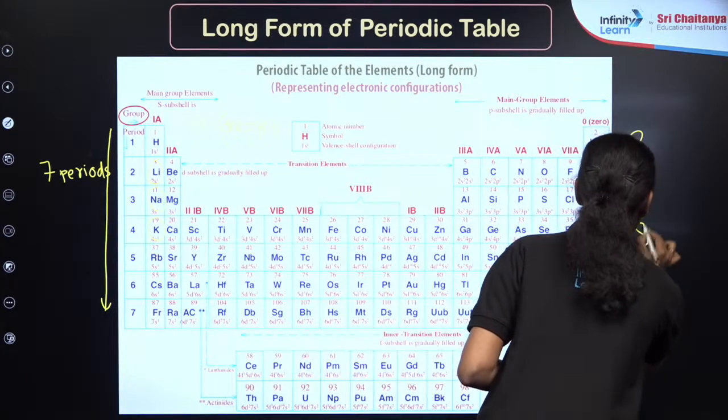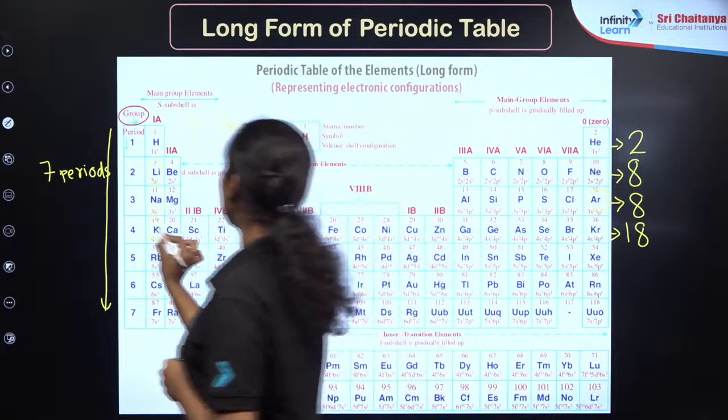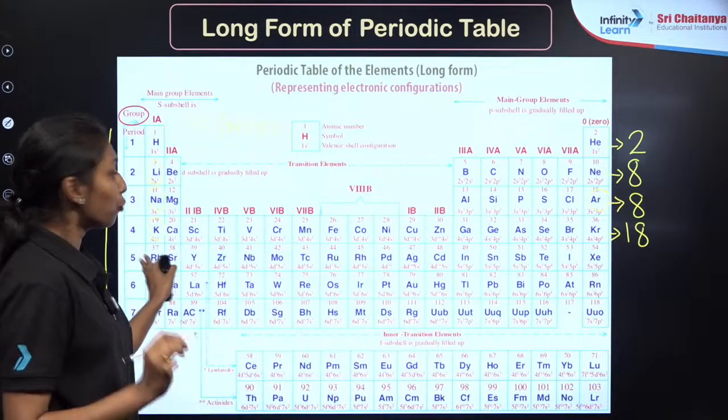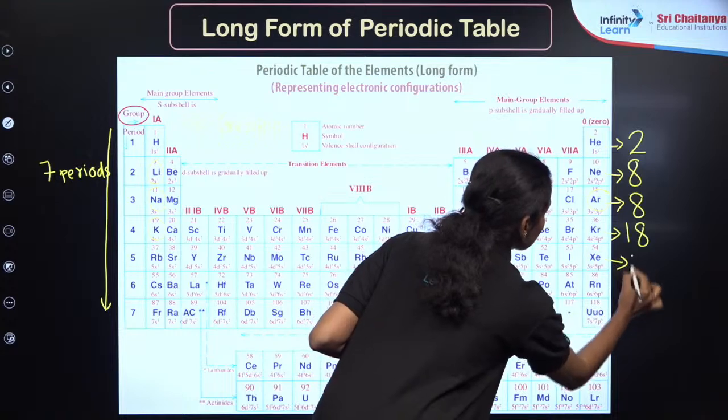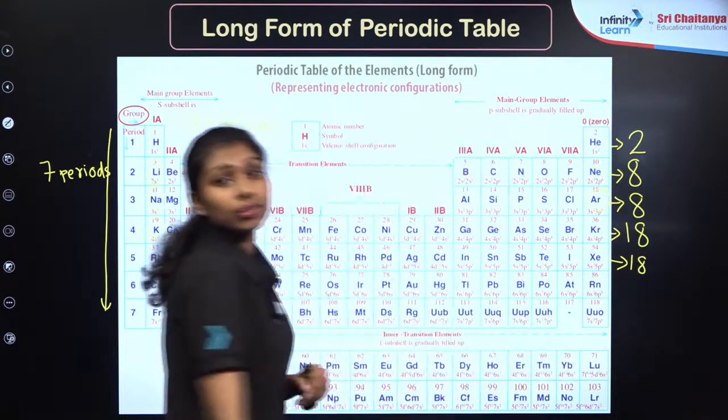Right? 18 elements are present over here in the case of the fourth period. Similarly, in the case of the fifth period also, starting from rubidium to xenon, again it has 18 elements, right?